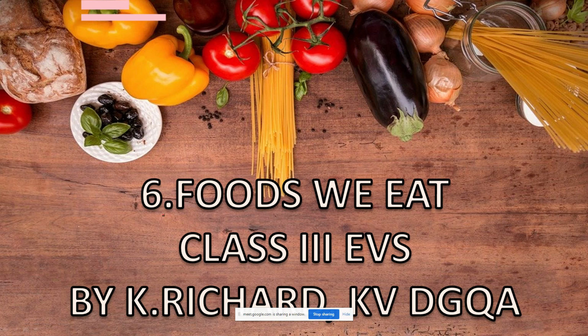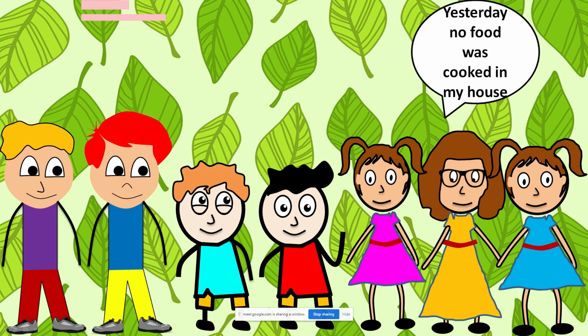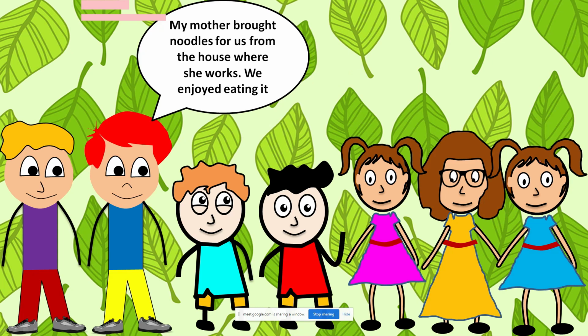Just click it. If you want to underline or highlight something, you can tell the children. Here I made the PowerPoint based on foods we eat, class 3 EVS. You can also make your own PowerPoint and use it in online classes. Now here my PowerPoint is like that.